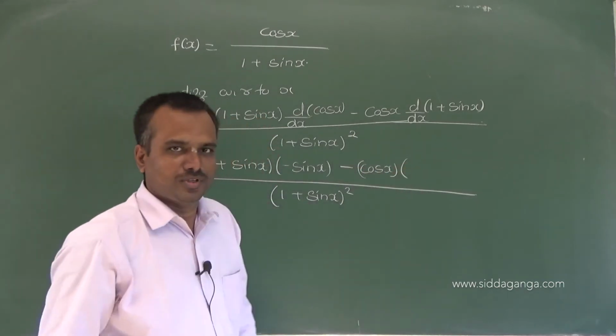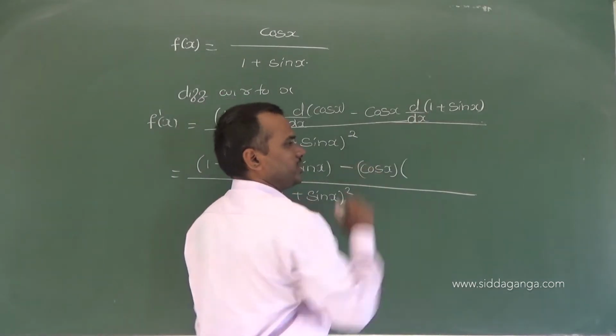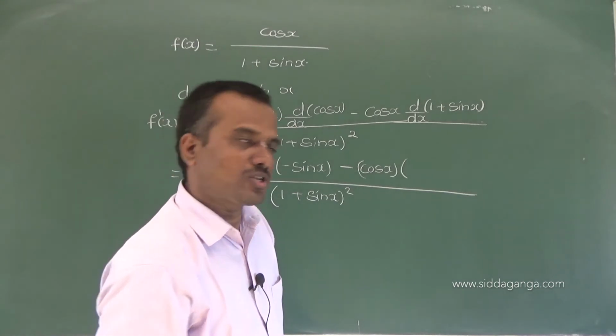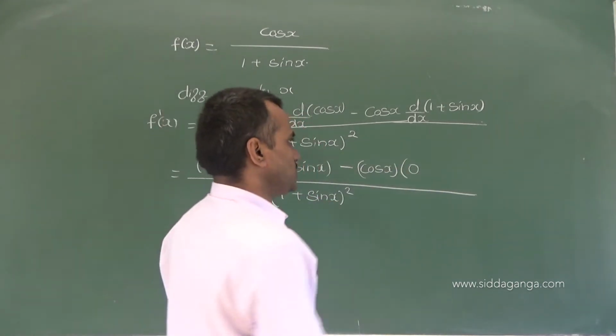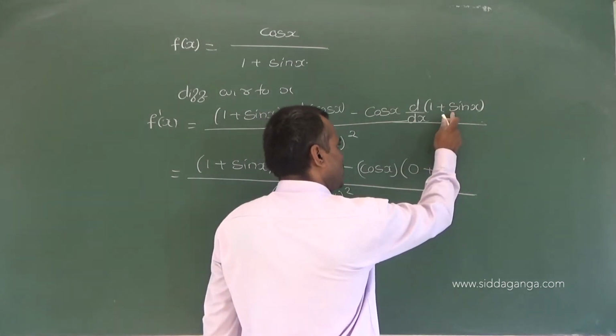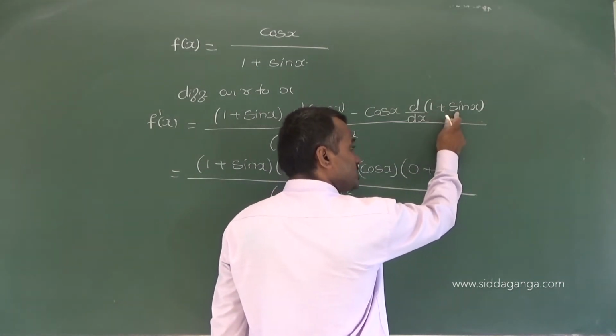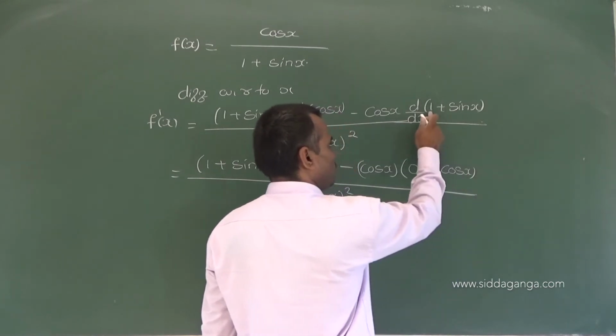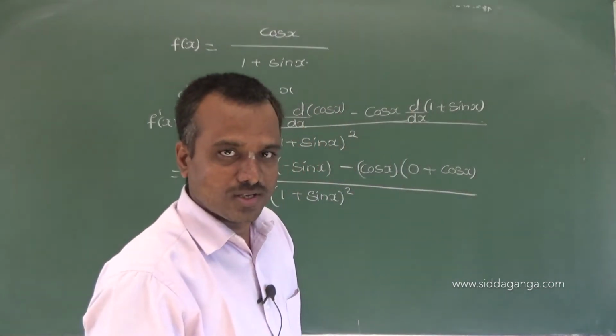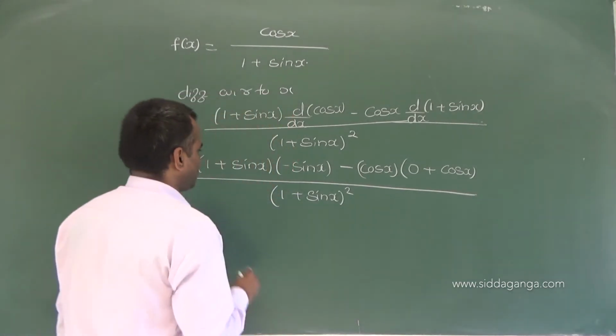Observe here, derivative of 1 is what? Constant, 0. Correct? Plus derivative of sin x, because we apply here addition rule. Derivative of sin x is cos x. I write directly: derivative of 1 is 0 plus derivative of sin x is cos x.